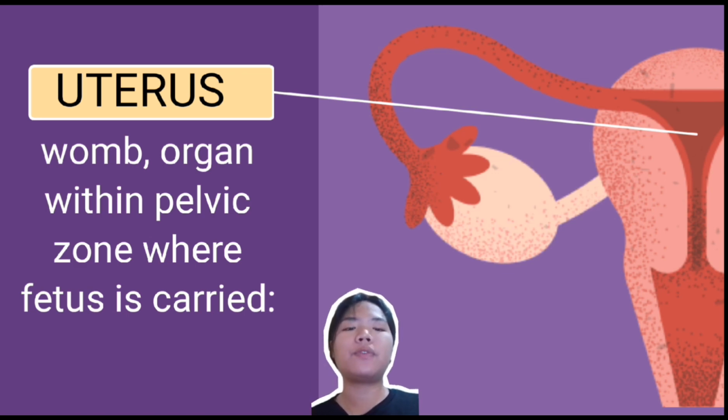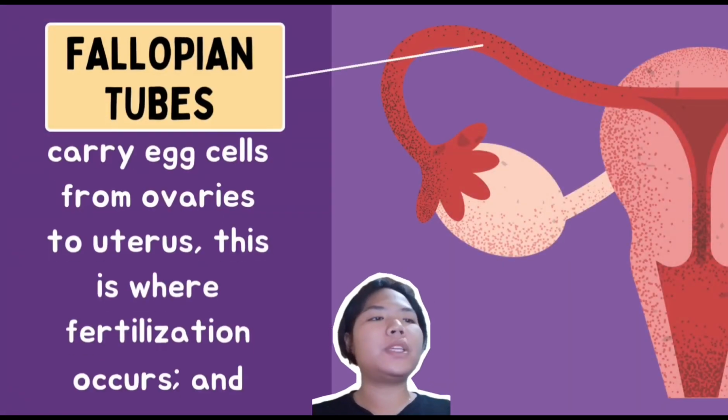The uterus can also expand 100 times bigger when you are pregnant. The position of the uterus in the pelvis is stabilized by several ligaments and bands of supportive tissues. The next structure is the fallopian tube.